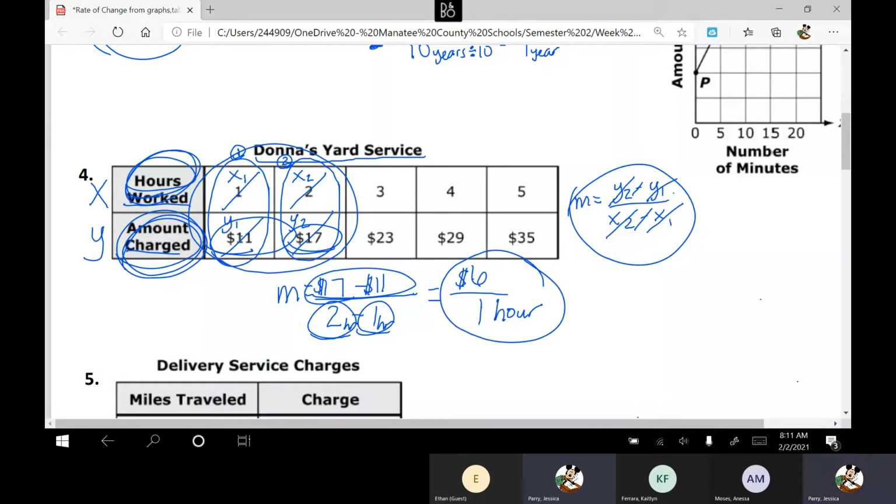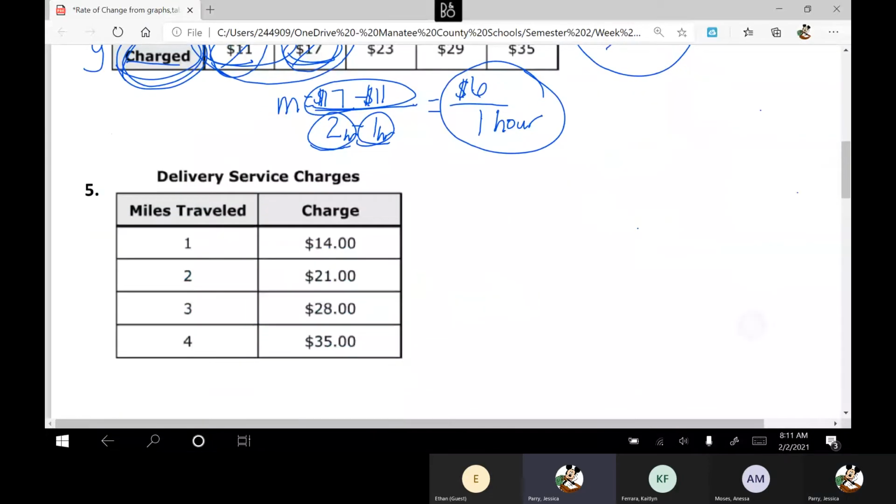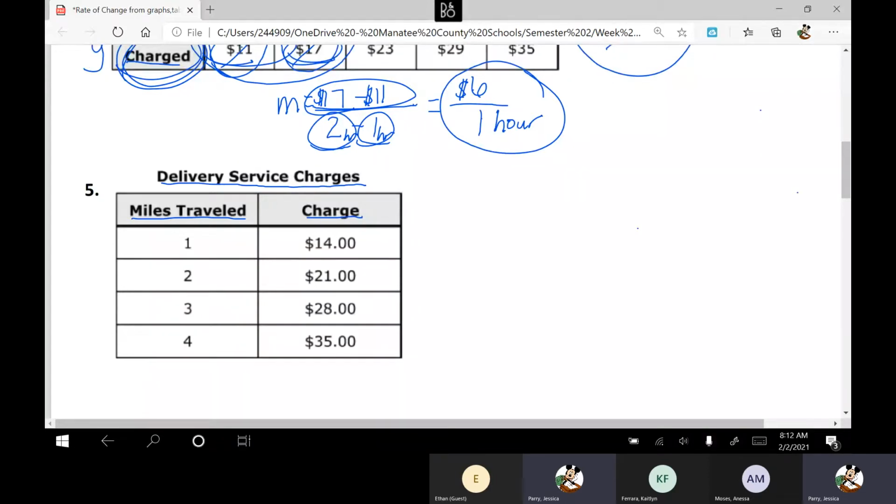Going on to our next one here, number 5. So we have our delivery service charges, the miles traveled, and the charges. So first, let's label X and Y. We have our X's and our Y's, okay?